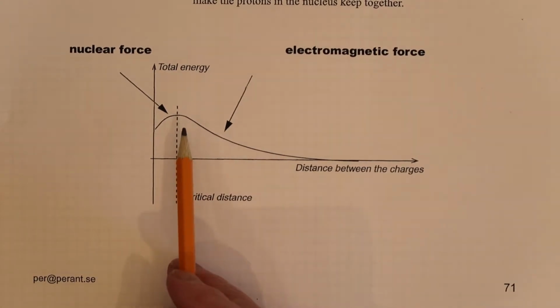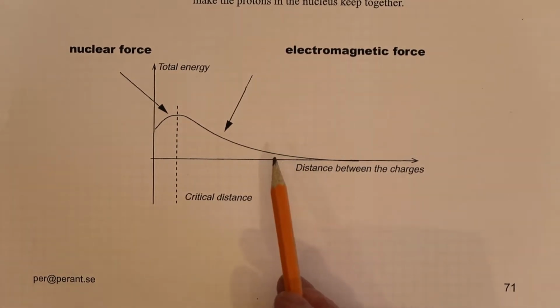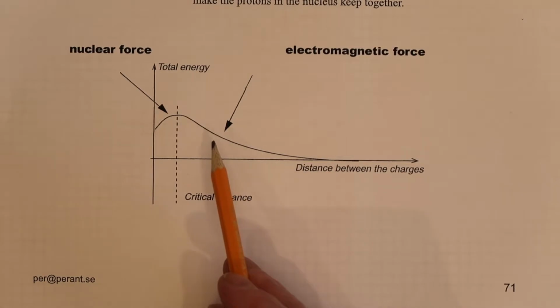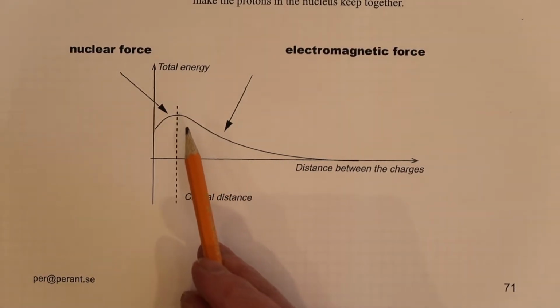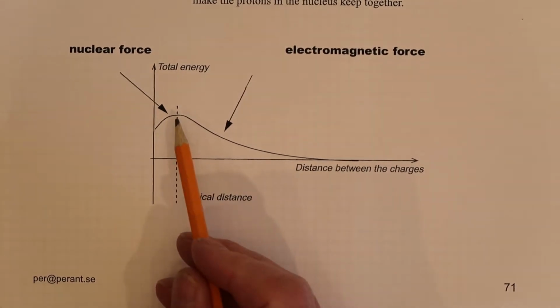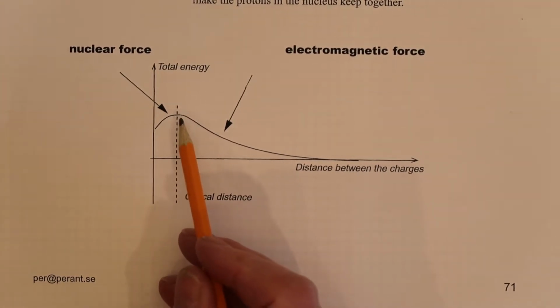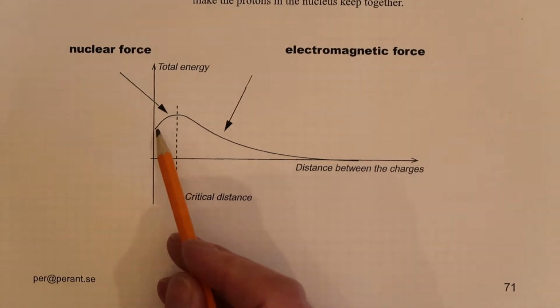When we add the two curves, we see that at large distance we have to add energy to press the charges together. But at some critical distance, suddenly more energy is released between the charges than is added to press them together, and then they are pulled together, the charges.